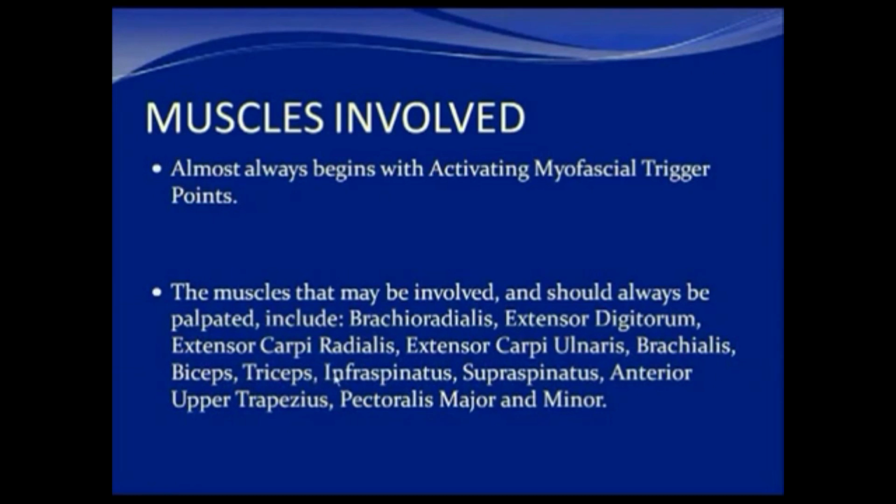These muscles here, the infraspinatus, supraspinatus, upper trap, pec major, and minor, all may refer into this area and set the stage for development of the problem, even if those other causes are not specifically present. The initial ones are the ones that are usually irritated by the particular activity and may in fact be the underlying cause of the lateral epicondylitis.